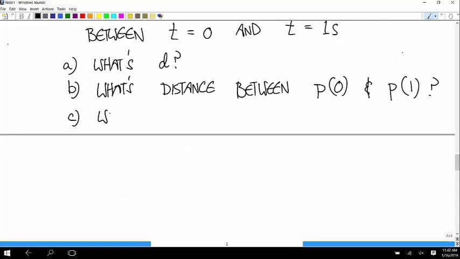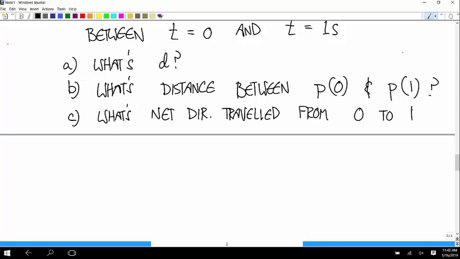And what's the net direction traveled from 0 to 1 second?